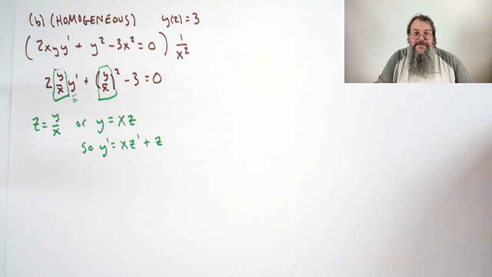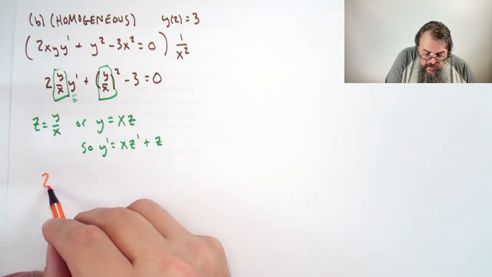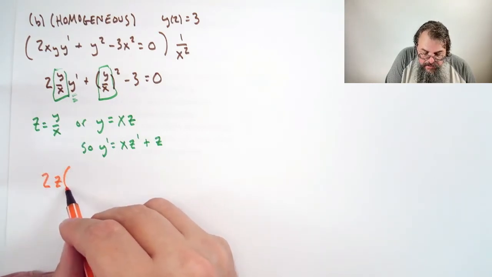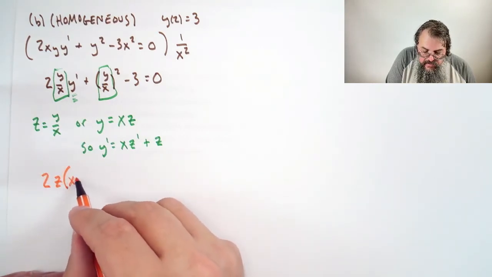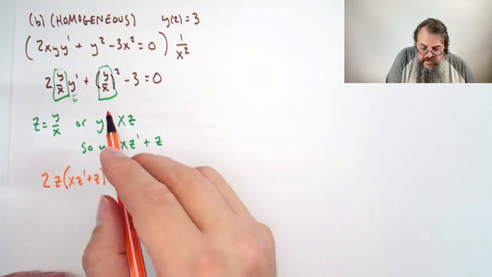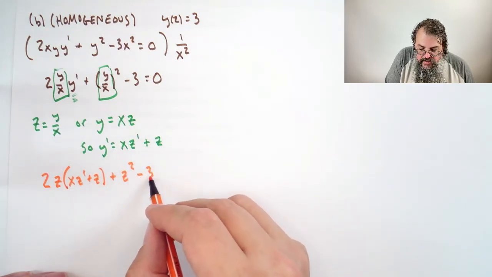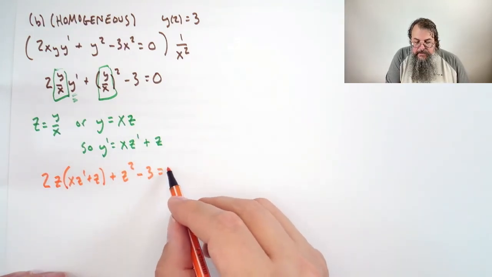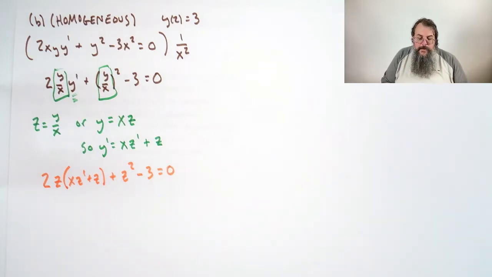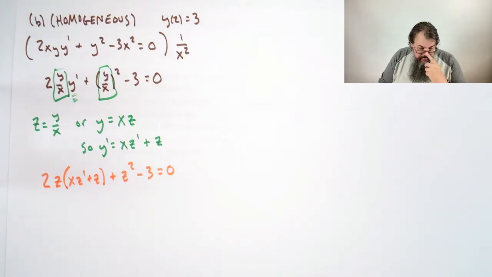We carry out our substitution, and what do we get? Well, we're going to get 2z times, here, xz prime plus z, plus z squared, and minus 3. All that equals 0. All right, well, interesting.